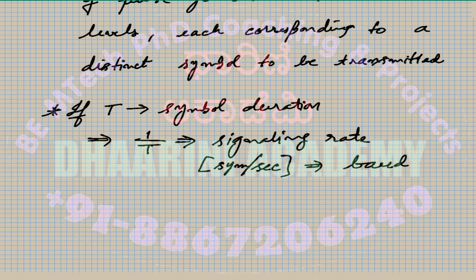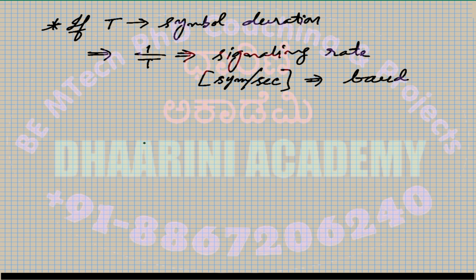All right. Now, let us try to give an equation for x of t. What is x of t? x of t is the output of the pulse generator.